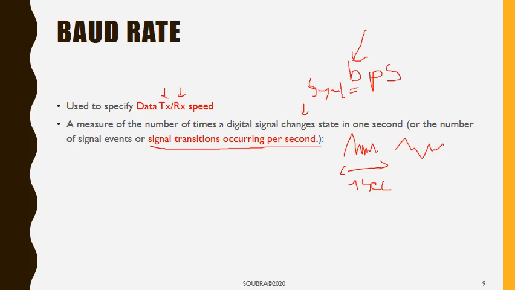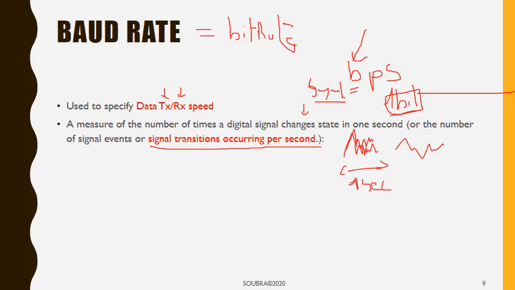So how many symbols can transit per second? And if and only if a symbol is equal to 1 bit, alright, this means that the baud rate is equal to the bit rate. If and only if a symbol is equal to 1 bit.